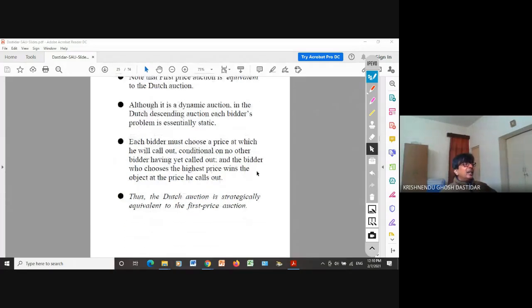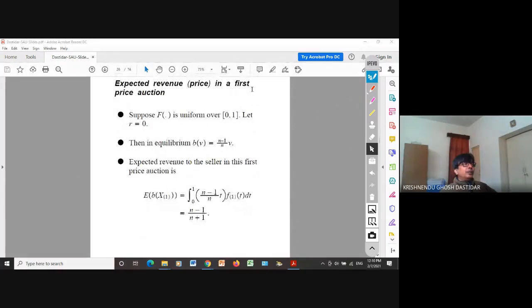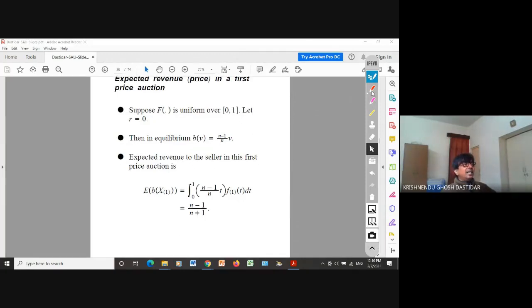Okay. Now, what is the expected revenue in a first price auction? Suppose the reserve price is 0 and F is uniform over 0, 1, the same example we did for the second price auction. Then in equilibrium, you can show that bids would be this. B would be (n minus 1) by n times V, less than V. In a second price auction, bids would be equal to V. And the expected revenue to the seller in this auction: how much will the winner pay?